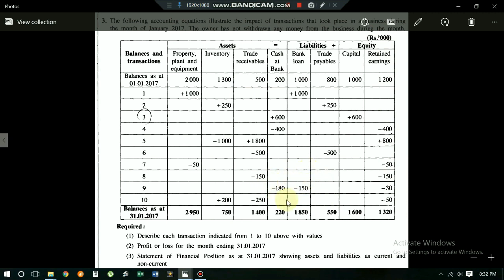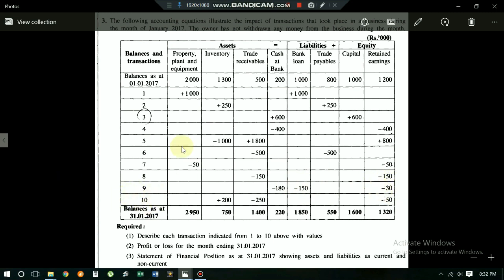So in this case, you can find your capital go down by 30. Bank loan go down with 150, addition 180. So you can write paid installment worth 180, which includes loan amount of 150 and the interest amount of 30.